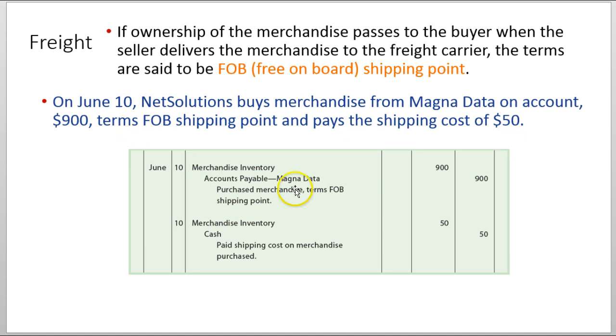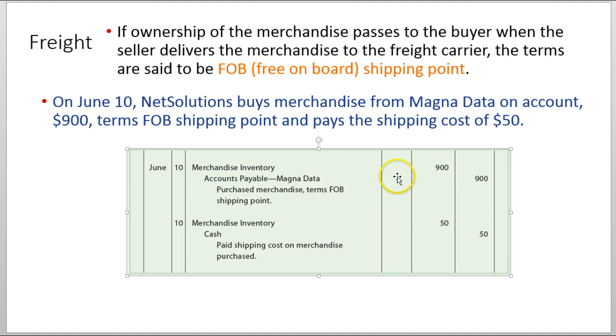Here's another entry. The merchandise was debited to inventory, and obviously they bought it. They put it in their accounts payable. And you'll notice they've taken out $50 out of the inventory. Oh no, they've taken it and put it in. They haven't got this marked very well. They have increased the merchandise inventory by $50 because they paid the freight to have it sent.